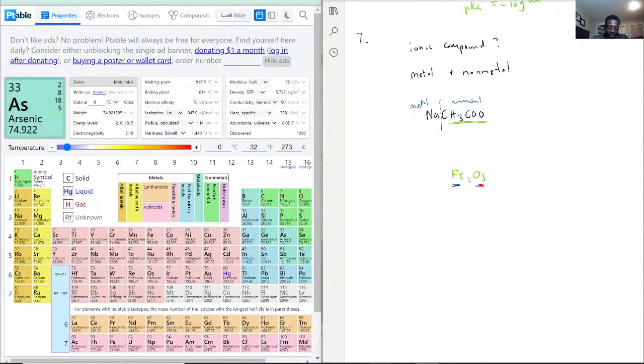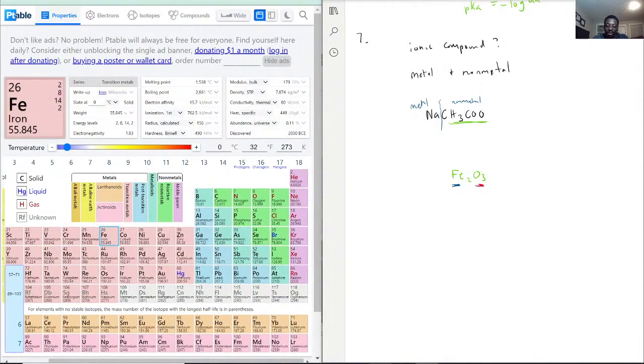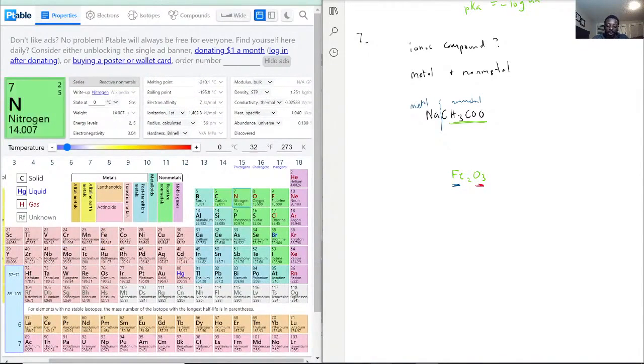You'll notice that there's a lot more metals typically than non-metals on the periodic table, but it's very important that you know which the non-metals are to be able to say whether it's an ionic compound or not. The best thing to do is get familiar with the periodic table and know the cutoff for each type of non-metal, so you don't accidentally assign something to the wrong place.